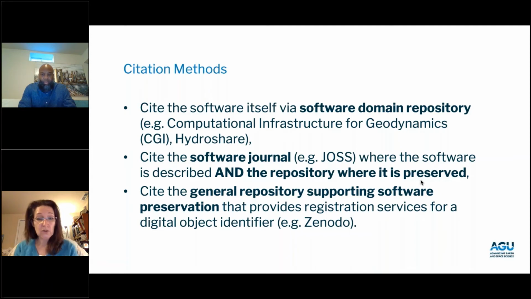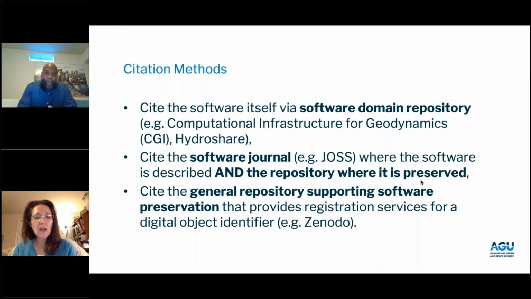There are software journals like JOSS that you can work with. You can do an article in JOSS and have a companion paper within an AGU journal, where both are collaborative efforts that could be timed together. Within the AGU journal, you would cite the actual article in JOSS as well as where that software is preserved in its appropriate repository.